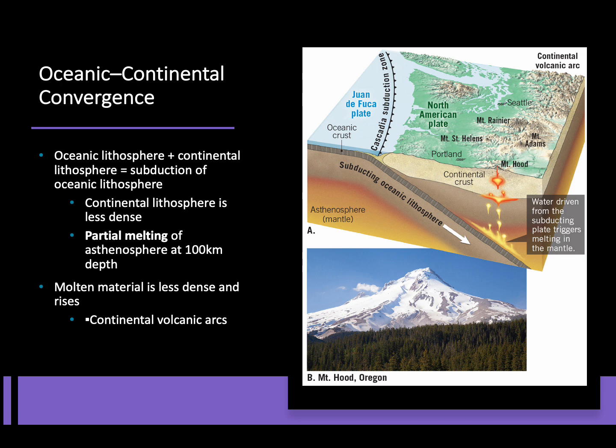We're going to start off with an oceanic-continental convergence. Here, because we have an oceanic plate colliding with a continental one, that denser oceanic plate will subduct underneath the continent. But as that oceanic plate subducts deeper and deeper inside of the Earth, it's being subjected to higher temperatures.